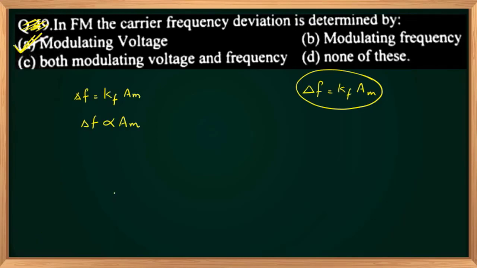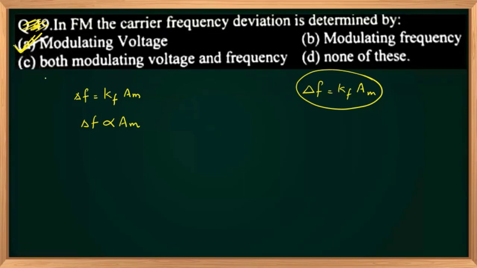The same question is asked for PM. Yes, for PM, it depends on modulating voltage and frequency. That is correct. In the case of PM, the carrier frequency deviation depends on modulating voltage and frequency. This is an important point.